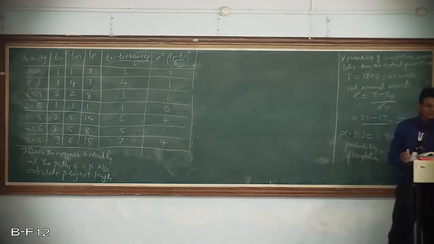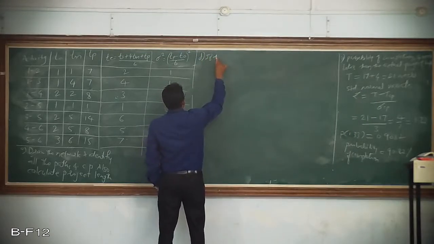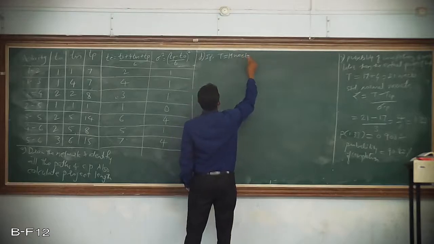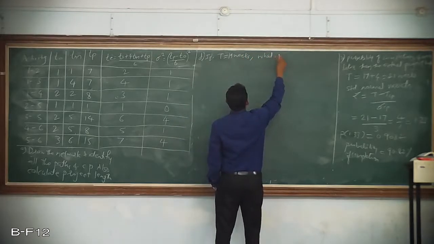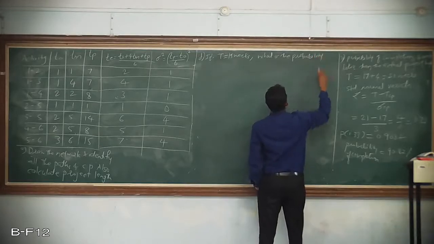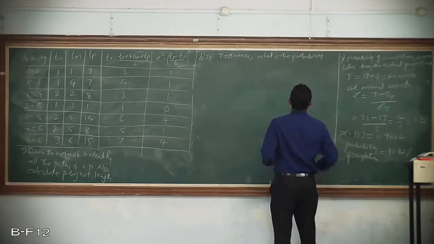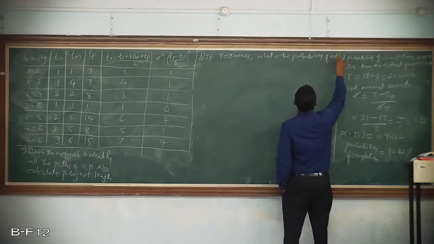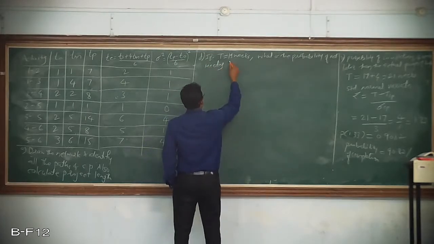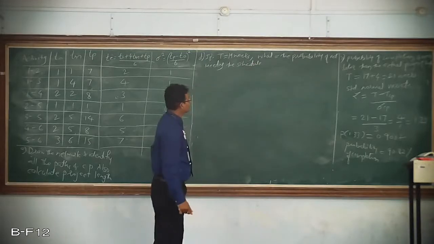What they asked is, if the project due date is 19 weeks, if T is equal to 19 weeks, what is the probability of not meeting the schedule? Okay? So T is given.